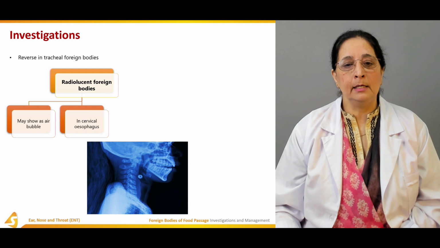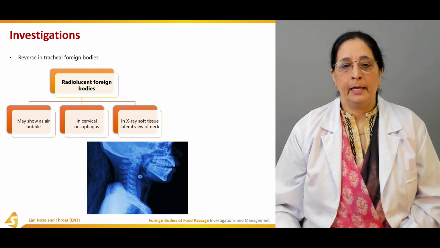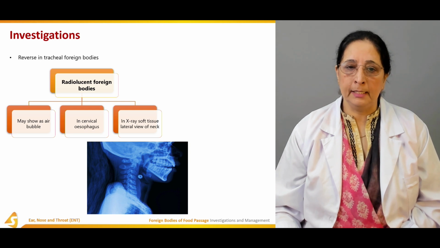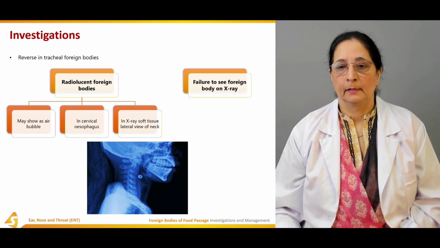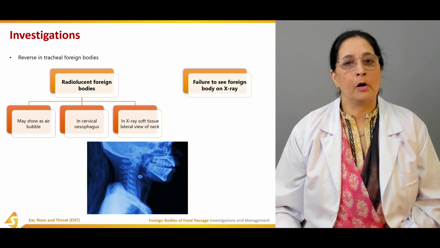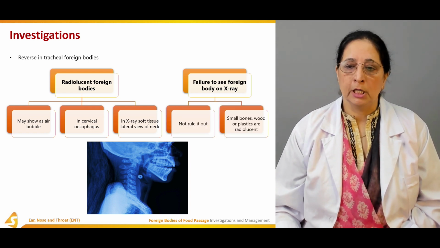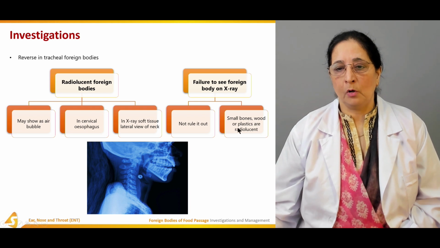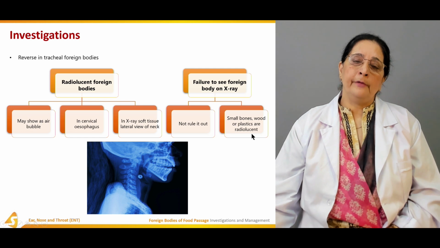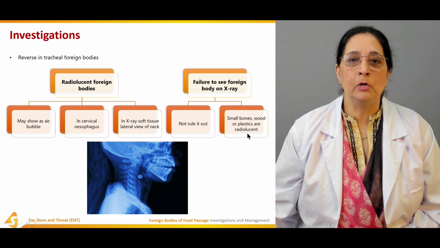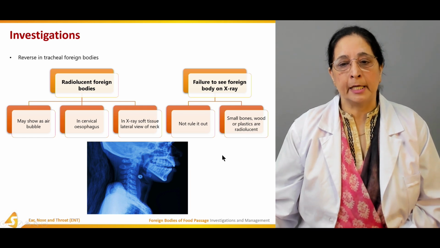In the cervical esophagus, in the X-ray soft tissue lateral view of the neck. Failure to see a foreign body on X-ray does not rule it out. Small bones, wood or plastic are radiolucent. So if we cannot see the foreign object on the X-ray, it doesn't rule out that there is a foreign object.